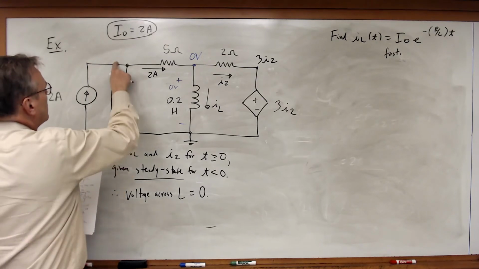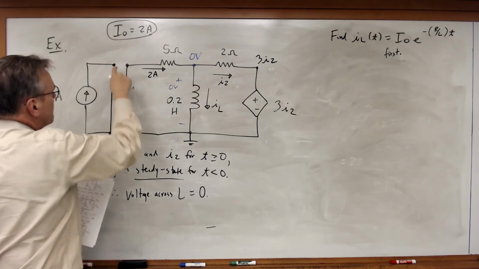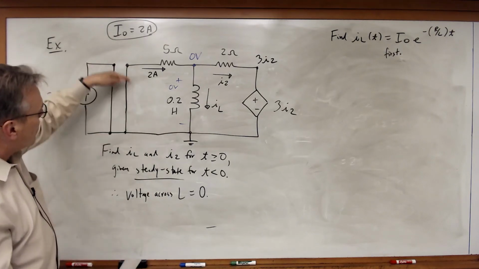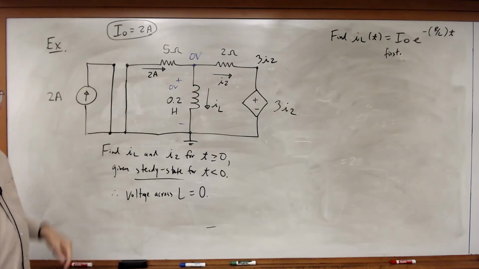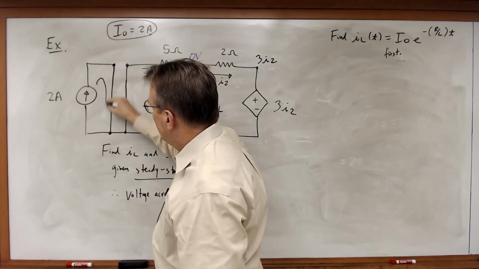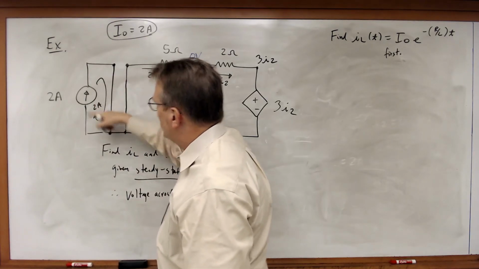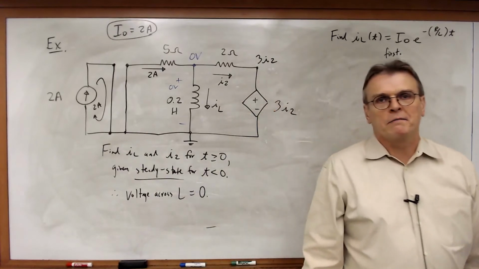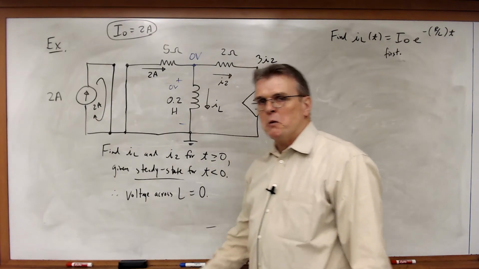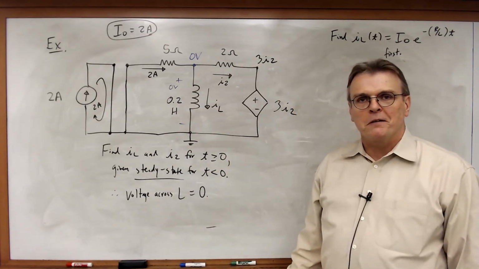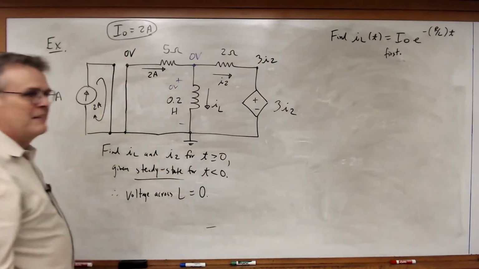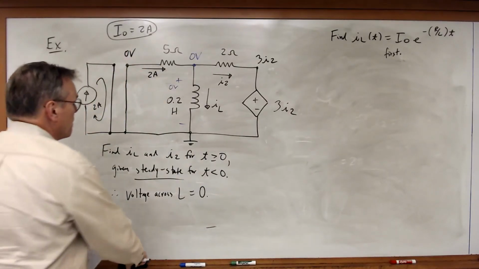Couldn't I then erase that little bit right there? Once again, this is all still the same node, top and bottom. But now look how I've drawn it. Now you can see for yourself that the only place that 2 amps is going to go is through that short circuit wire. It's just going to circulate in that wire that's across the 2 amp source. It will have no effect upon the rest of the circuit. So I've got 0 volts here. That's what I've got now for t greater than 0.